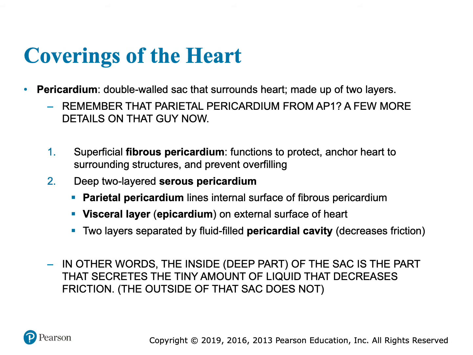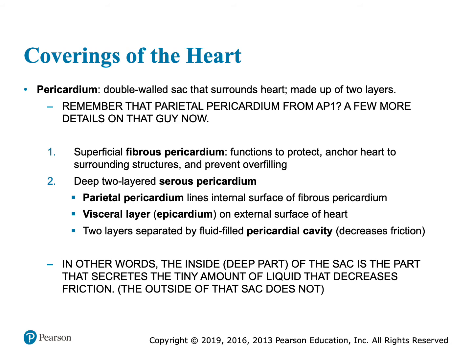The part that is the superficial part, so let's say you just opened up your cadaver and you see the sac around the heart, the outer part, the superficial part, is called the fibrous pericardium. The part that's on the underside surface of that sac is actually the parietal pericardium.